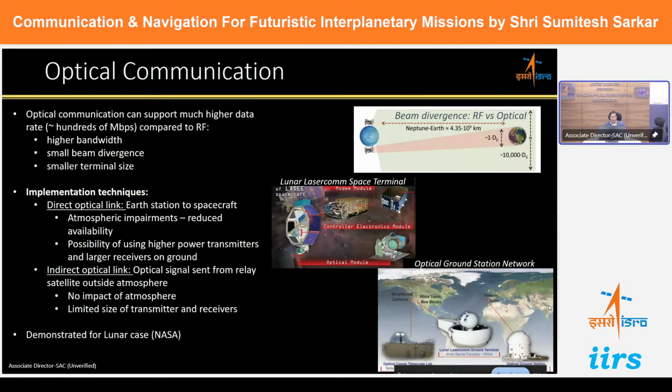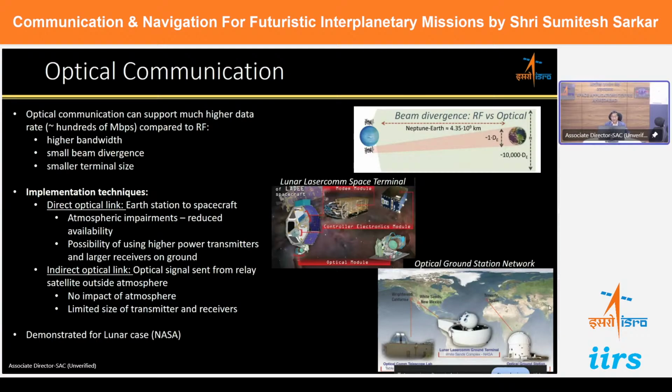And the future, definitely, from RF we are moving towards optical communication. The advantage of optical communication, which is basically laser communication, is that it is a very focused beam. The divergence of these beams is very narrow compared to RF links. That's why you get a good signal to noise ratio over a large distance.